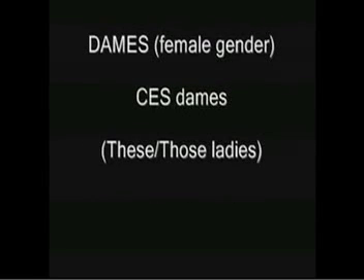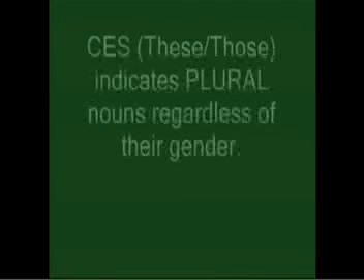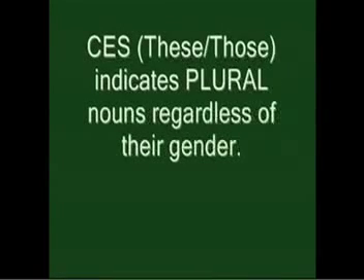If I wish to say these ladies or those ladies, it will be ces dames. So you use ces when the noun that you wish to indicate is plural. It doesn't matter whether it has a masculine or feminine gender. All right, so that would be it for the demonstrative adjectives in French. Ce, cet, cette, ces.